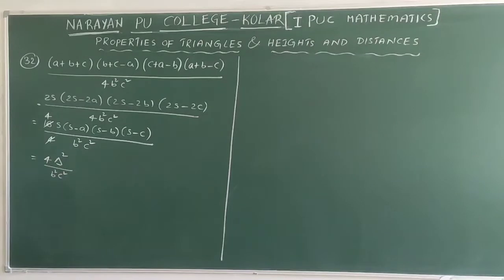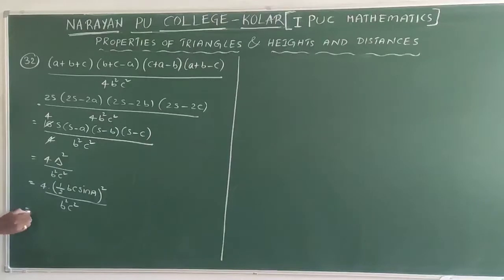Again delta, so here in 32 we need to find the value in terms of A. That's why 4 into delta I can write ABC by 4, half BC sin A, whole square by B square C square.